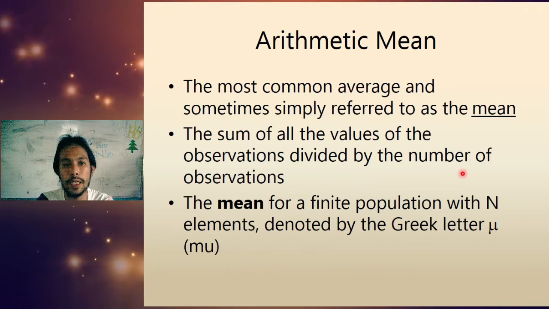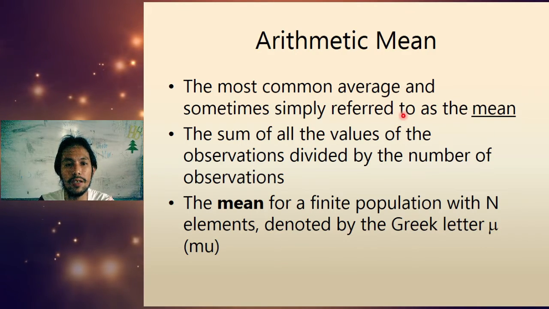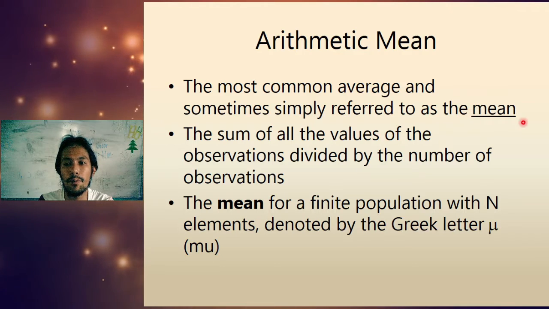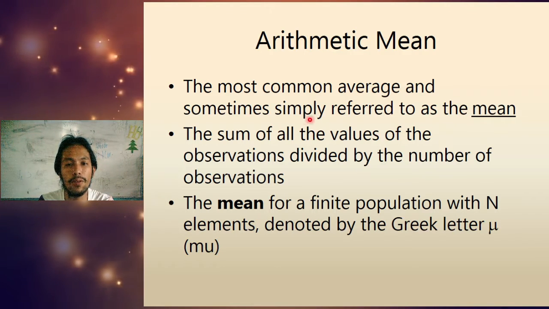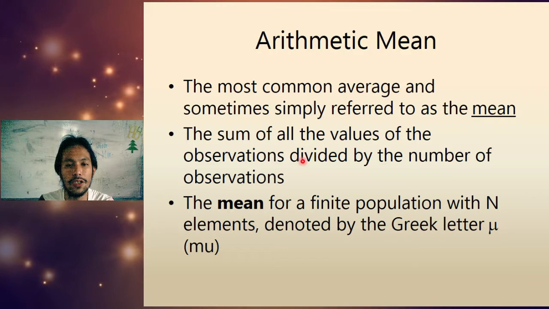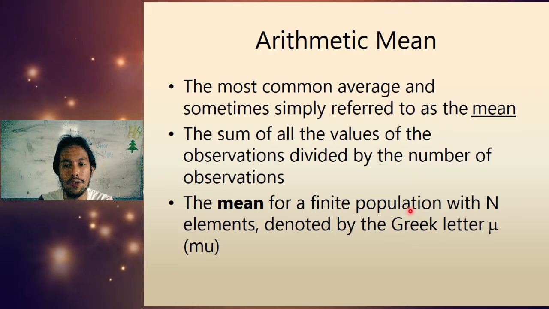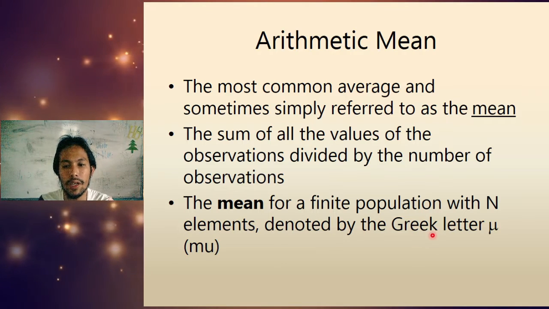So arithmetic mean, the most common average and sometimes simply referred to as the mean. So, arithmetic mean or mean: the sum of all the values of the observations divided by the number of observations. So, the mean for a finite population with n elements is denoted by the Greek letter mu.